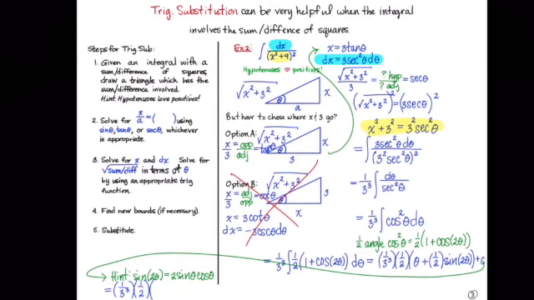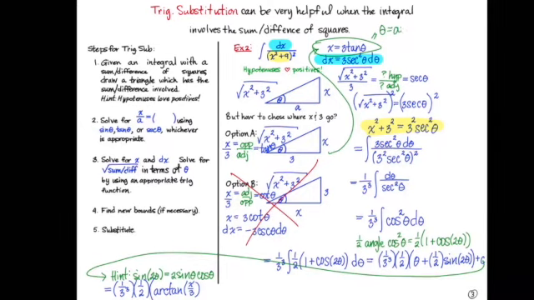So we don't have trig of arc trig, we just have an arctan all by itself. So arctan of x/3. If we went back to our original substitution up here and solved for theta, that's where we get the arctan.